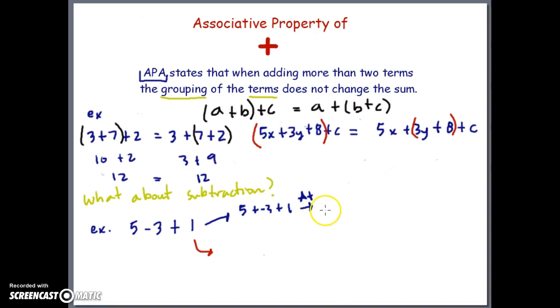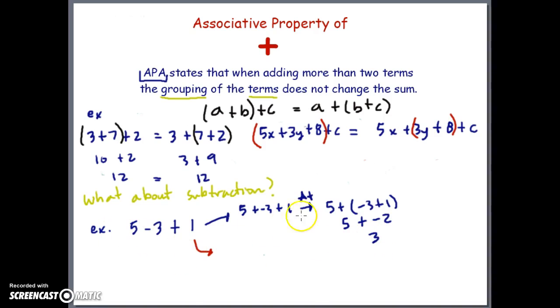We can say this is the same exact thing as 5 plus (negative 3 plus 1). So we add the negative 3 plus 1 first according to the order of operations, right? Negative 3 plus 1 is negative 2, plus 5. So 5 plus a negative 2 simplifies to a positive 3.